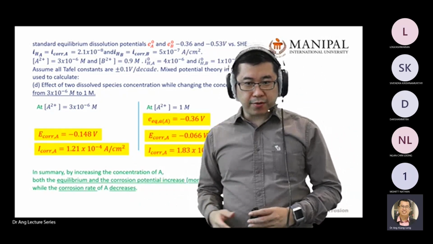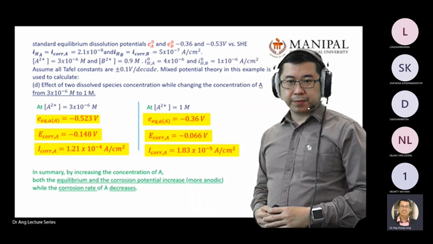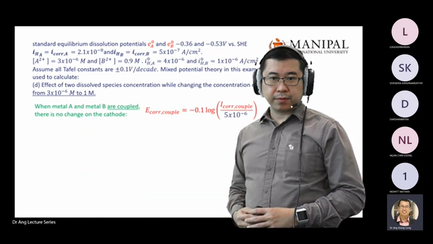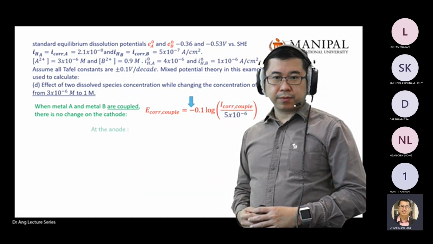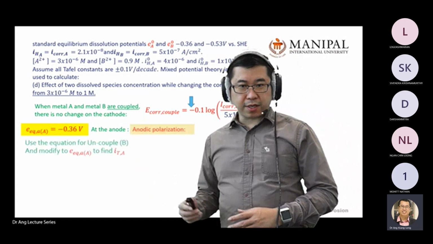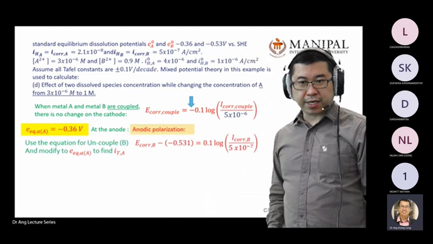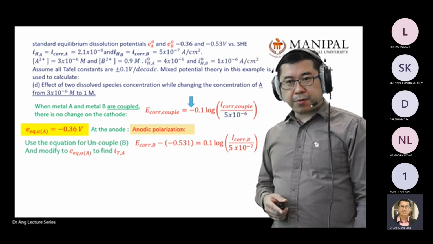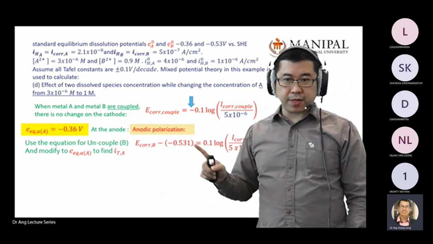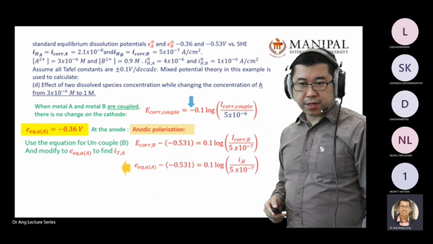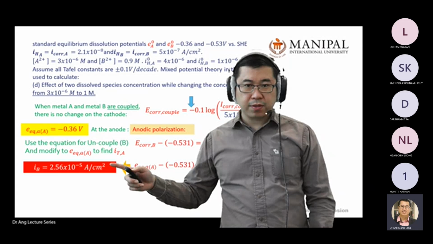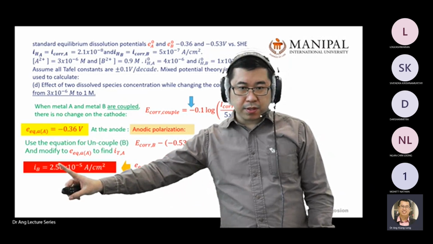All right, so this one you can read. You do another set for the calculation. I'll just put on a slide here. You go through my PowerPoint slides, all right? So when A and B coupled, you get this one, and so on. You get your IB there.